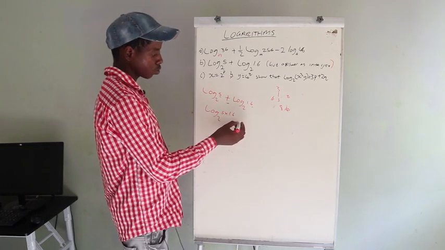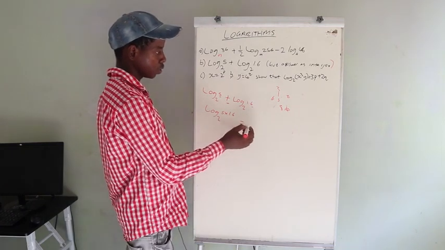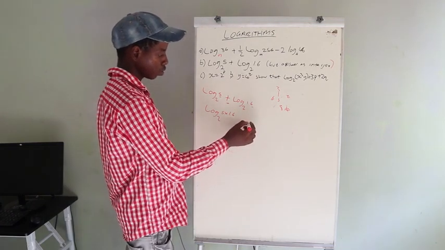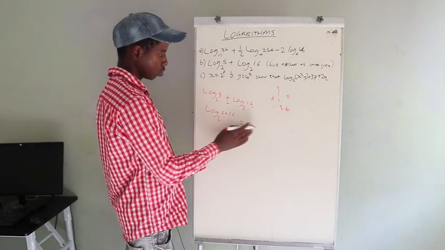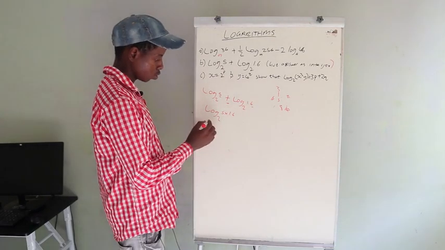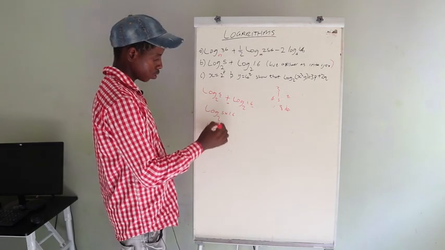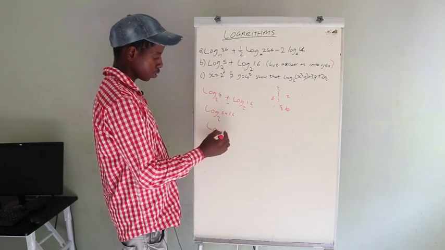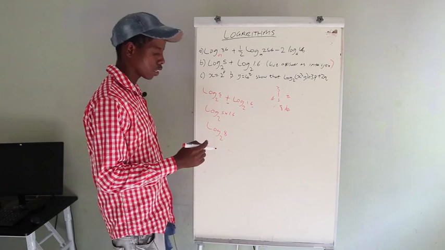So this would be log 2 of 5 times 1.6, which is 8, right?